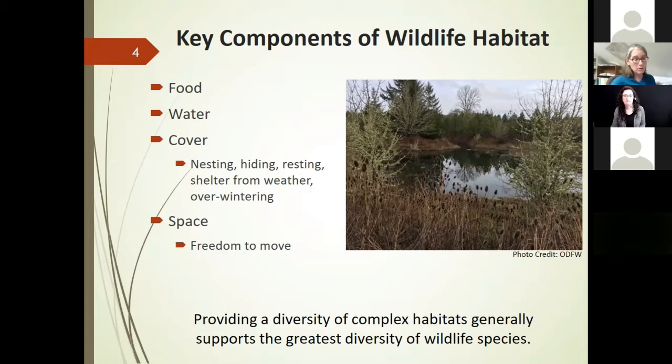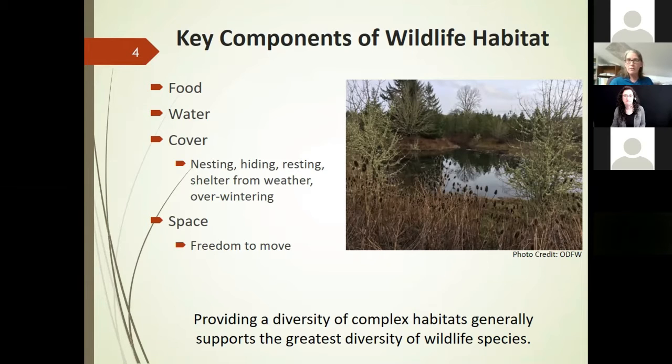But then also, there are species of particular concern, and I'll talk more about that in a little bit. But generally, a big concept is that if you provide a diversity of habitats that are complex and diverse on your land, that diverse habitat is going to support the greatest diversity of wildlife species, the greatest number of species, but also the variety of species.